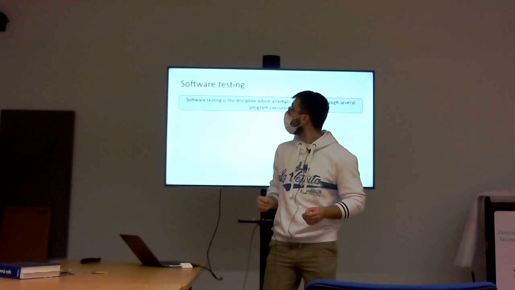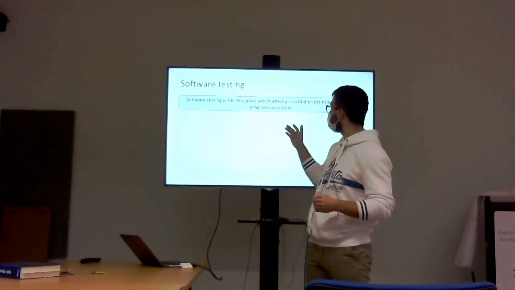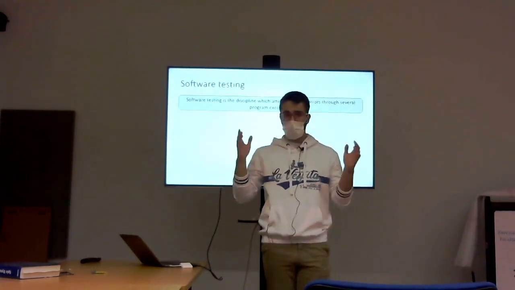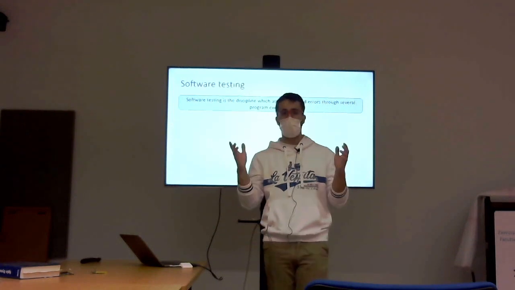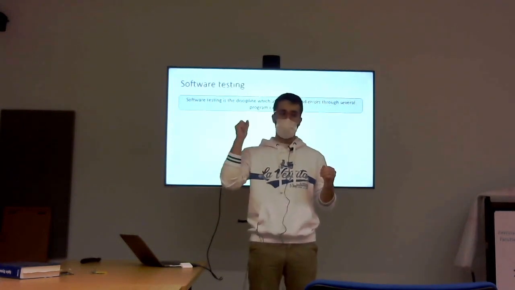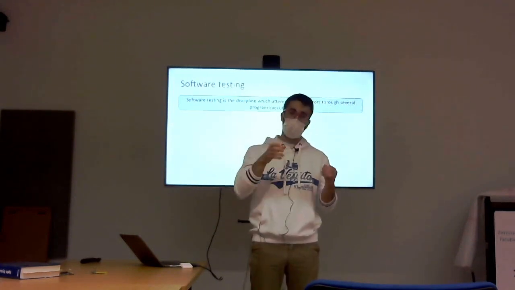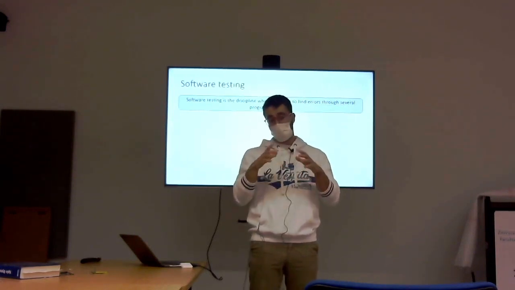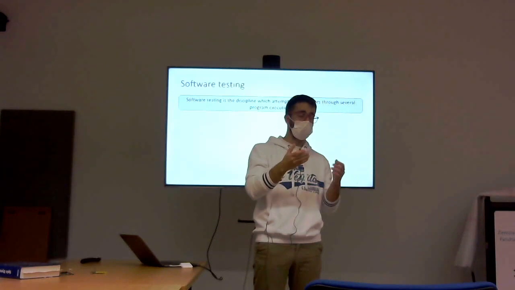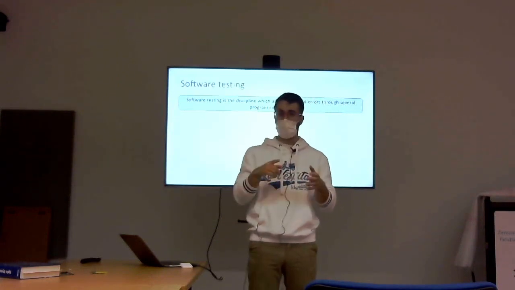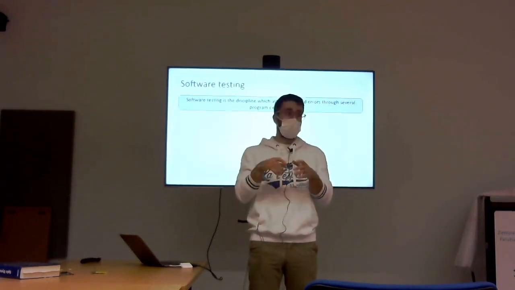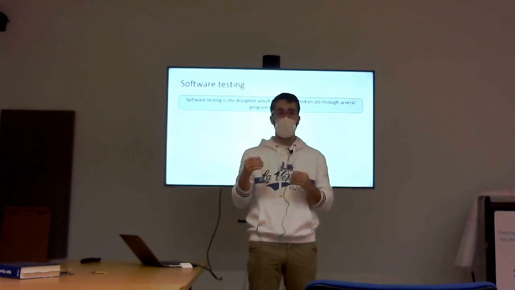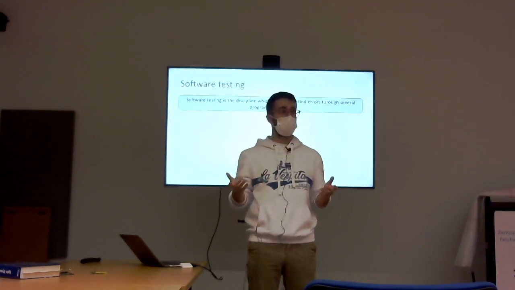So first, we are going to speak about software testing. Software testing is a really easy discipline. It's a really simple method where basically you put a lot of inputs in the program: inputs outside the boundaries of the program, inputs that are wrong, inputs that are okay where you know the result, and then check that everything works like it has to.